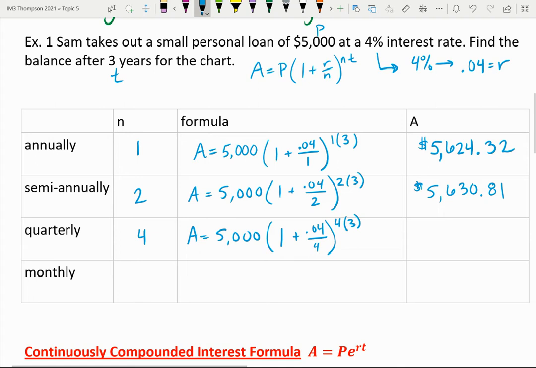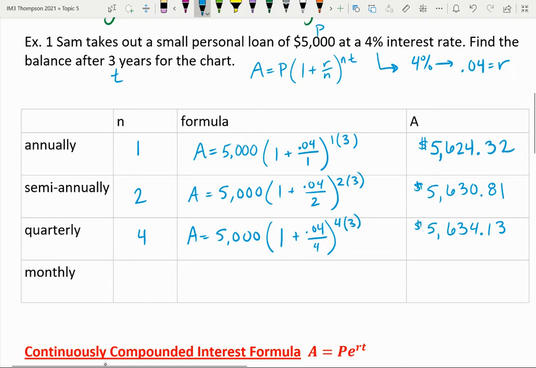So in your calculator, you got 0.04 divided by 4, which is 0.01. 1 plus 0.01. So I've got 1.01 to the power of 12. Final answer should be 5,634.13. Check your rounding.